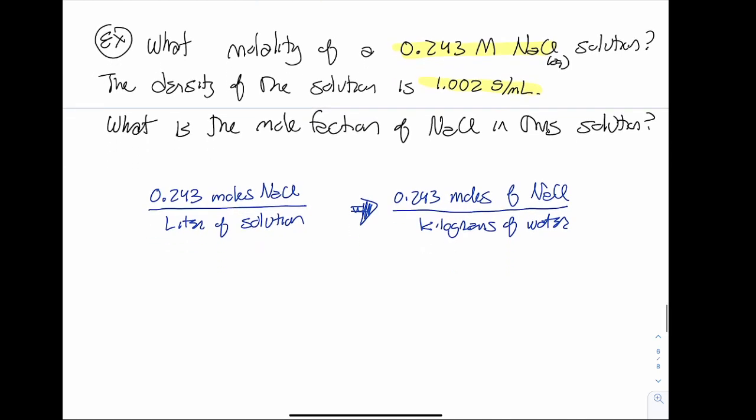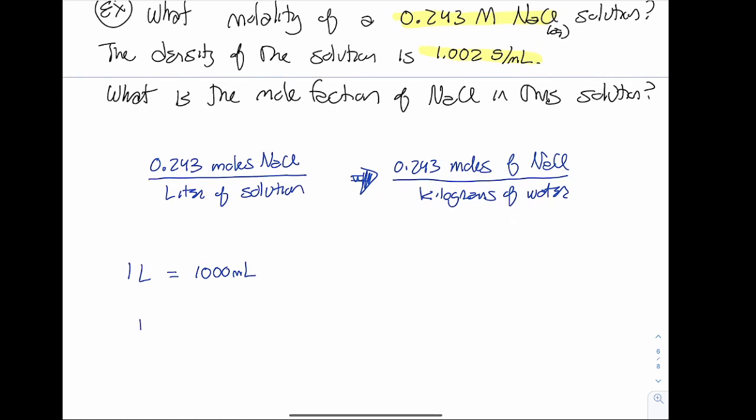So if I have 1 liter, that's equal to 1,000 milliliters. So I'm going to take the 1,000 milliliters and multiply it by my density, 1.002 grams per milliliter. Those milliliters are going to cancel, and I'm going to have 1,002 grams of solution.